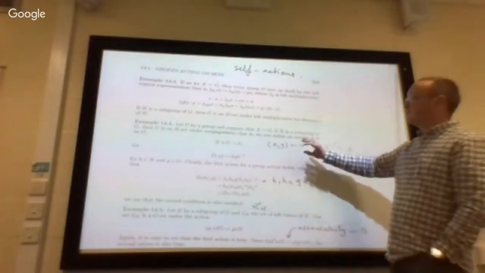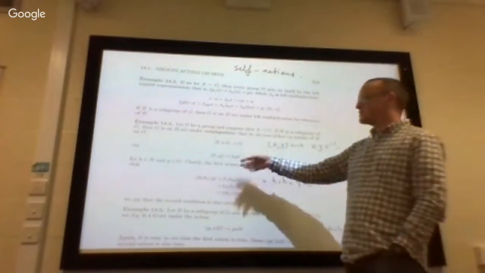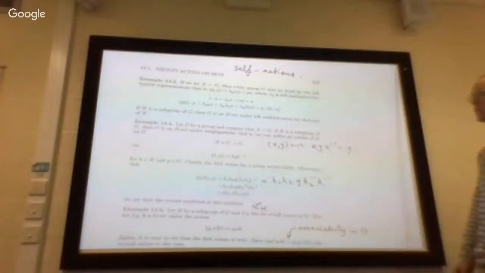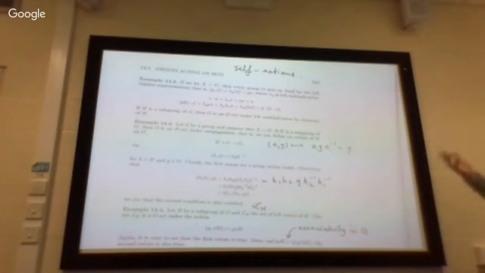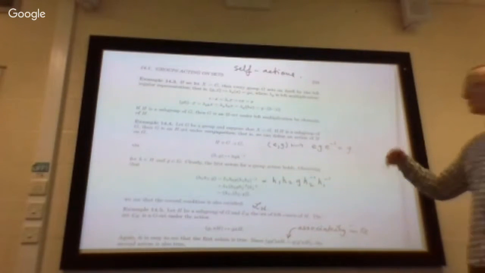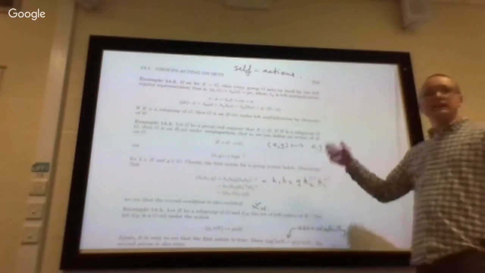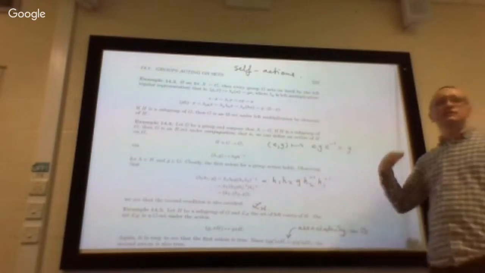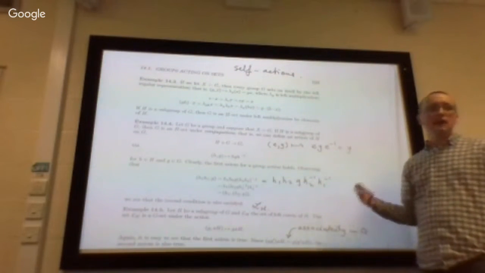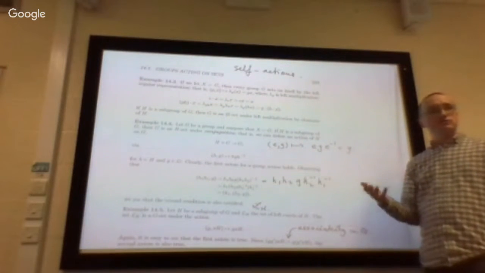And this one, related to multiplication, this action of conjugation is quite an important concept of a group acting on itself. And when we're able to deconstruct and analyze this action of the group on itself through conjugation, we can tell a lot about the structure of the group.